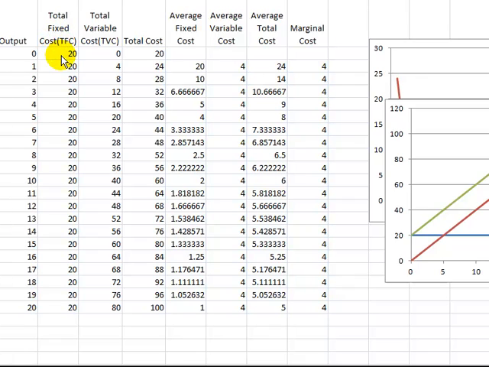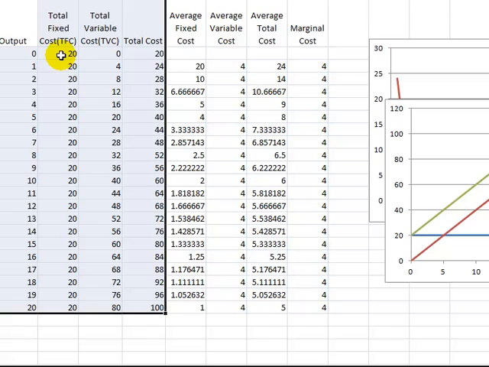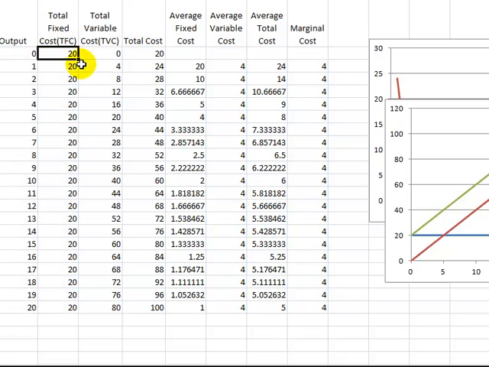Let's check out the total fixed cost. We already know the fixed cost for the cost function 20 plus 4Q is just equal to 20. Then total variable cost: when the output is 0, total variable cost is 0.